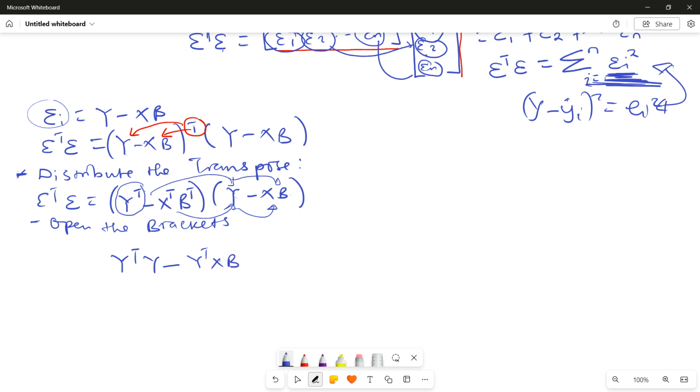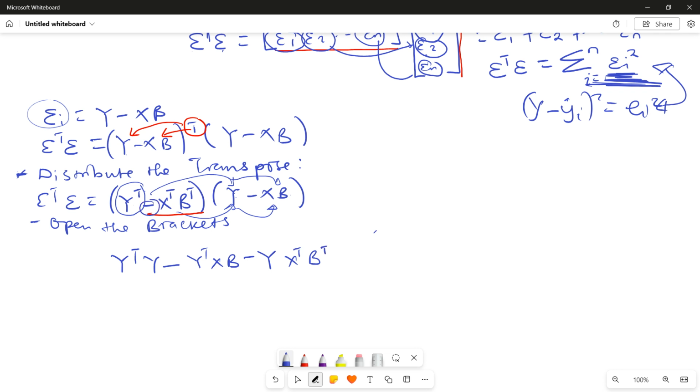Then we come to this other term, the negative x transpose b transpose. It should also multiply by everything in the other brackets. So negative x transpose b transpose multiplied by y gives us minus y x transpose b transpose. Let me just write this properly, with the transpose there and there.